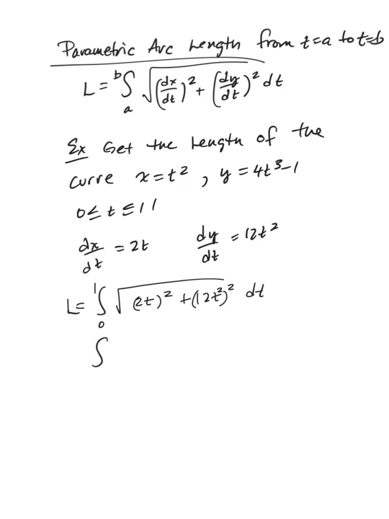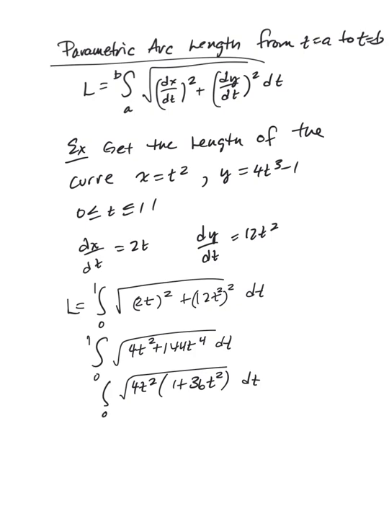All right. So at any rate, we get the integral from 0 to 1 of the square root of 4t squared plus 144t to the 4th. So I need to think about a u sub, all right? So how am I going to do that? Well, I'm going to need an inner function. So if I take out this 4t squared, I end up with 1 plus 36t squared.